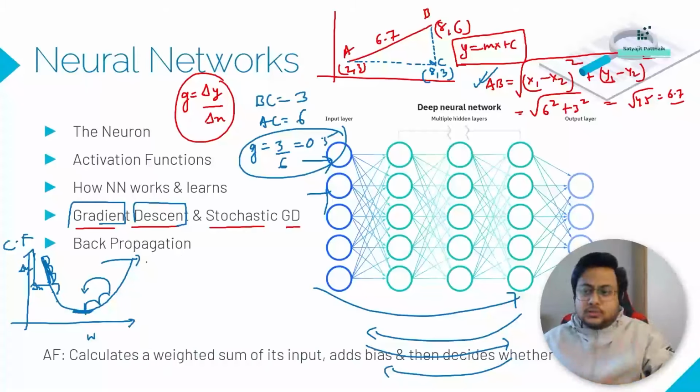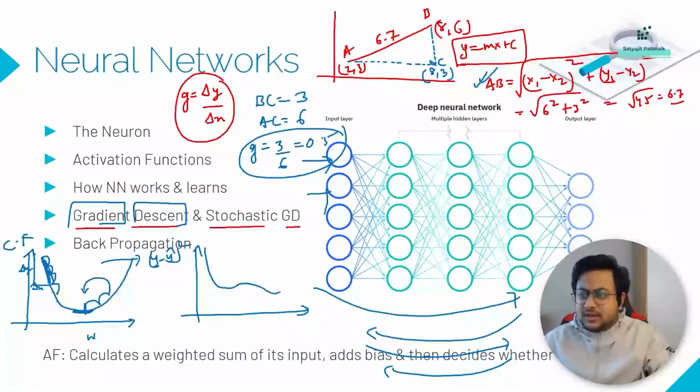Sometimes we might not use a very generic cost function. A generic cost function is (y minus y hat) squared. Let's say you are not using this cost function. In that case, your graph might look something like this. Your cost function decreases at this point and then increases.